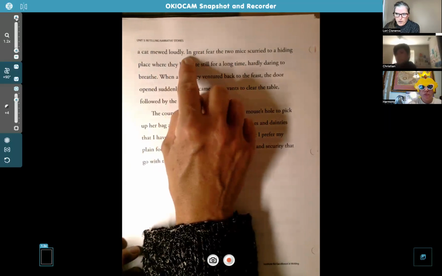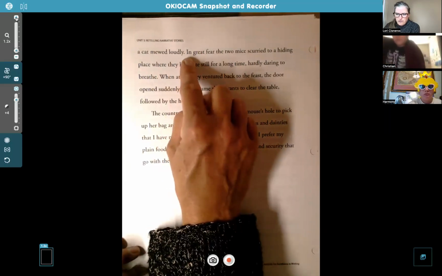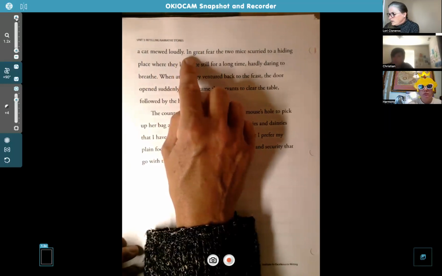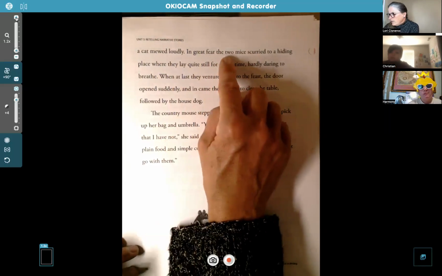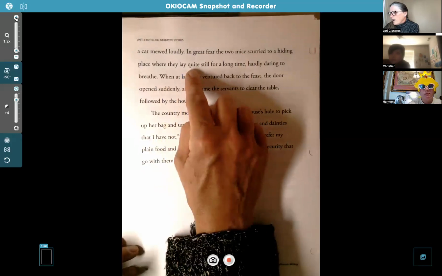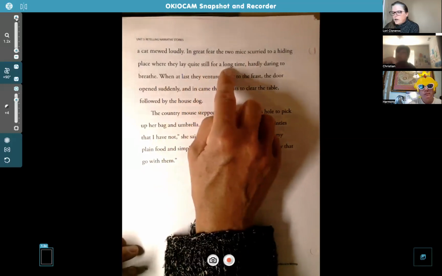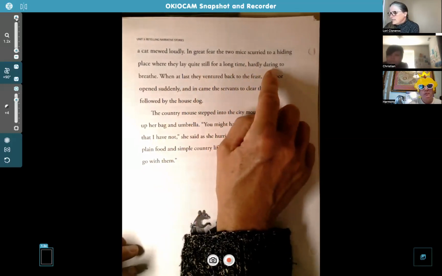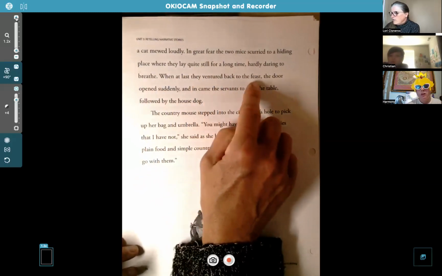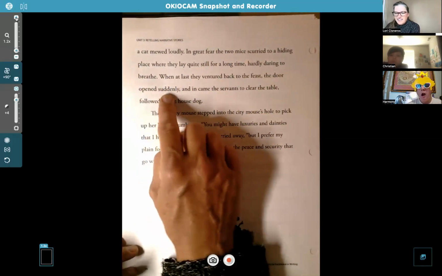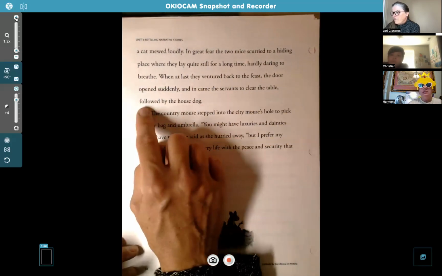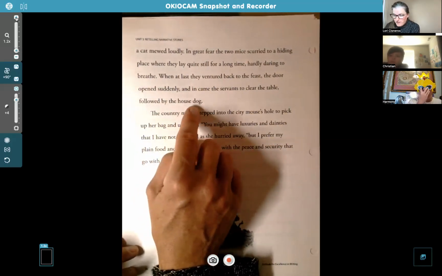Uh-oh. We know about cats and mice, right? I know about cats and mice, and even dogs and mice. In great fear, the two mice scurried to a hiding place where they lay quite still for a long time, hardly daring to breathe. When at last they ventured back to the feast, the door opened suddenly, and in came the servants to clear the table, followed by the house dog.